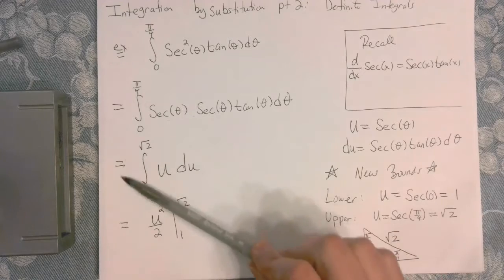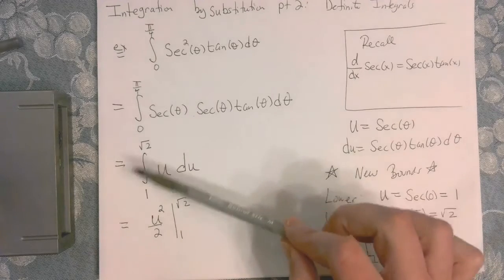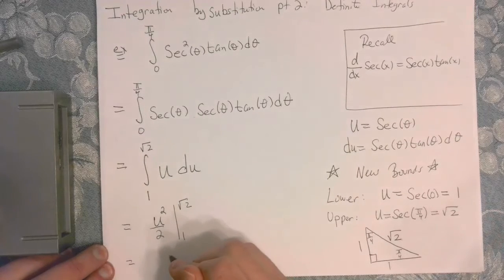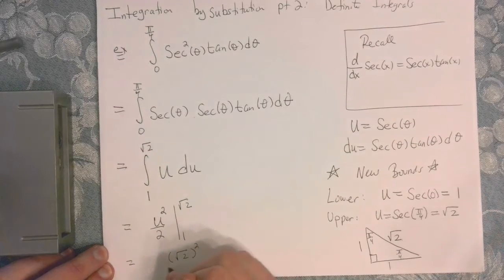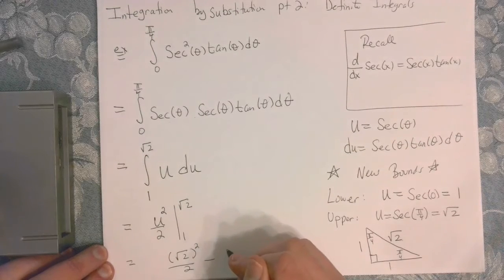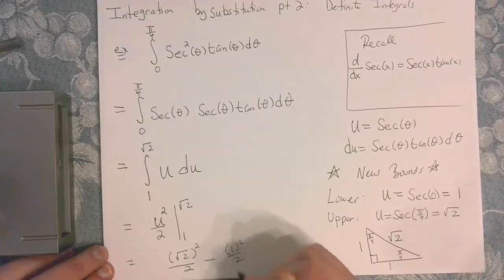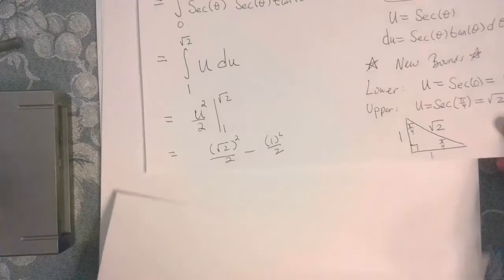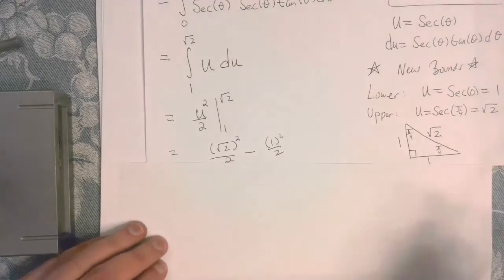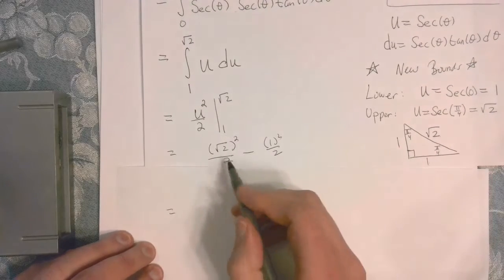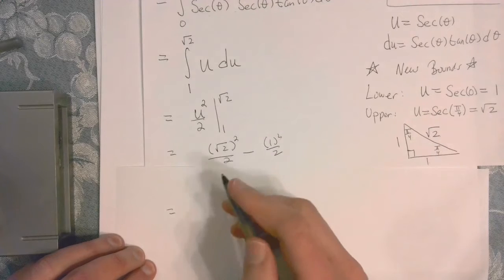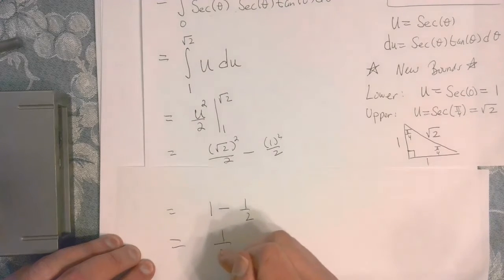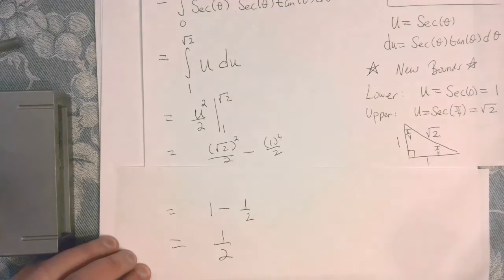So that's going to give me the square root of 2 squared over 2 minus 1 squared over 2. Radical 2 squared is 2 over 2, so that's 1, minus a half, so I get exactly 1/2 as the value of my integral.